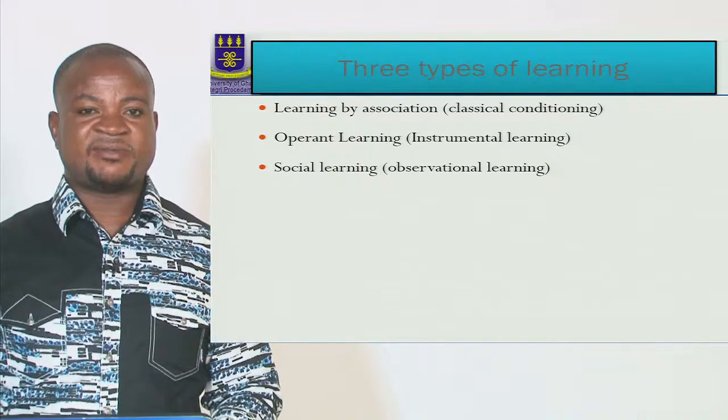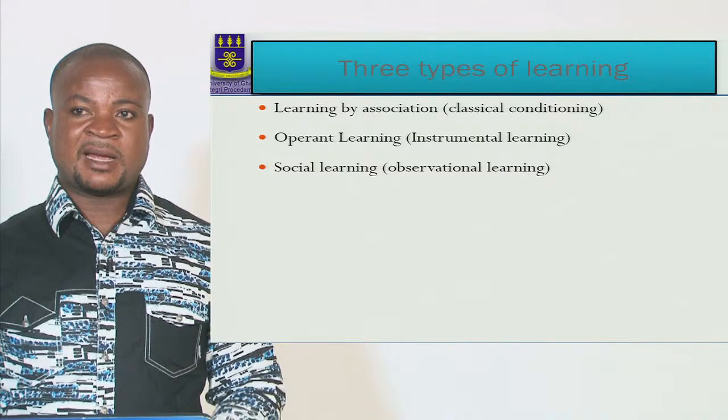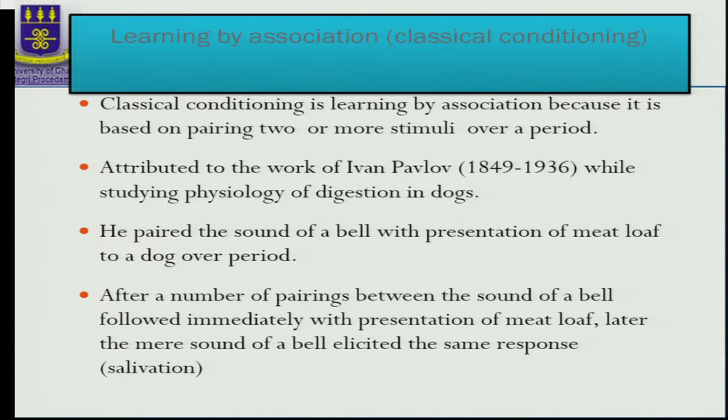Under it, we have several mini approaches. We have what we call classical conditioning, we have instrumental learning, and then we have observational learning. We'll basically look at them briefly. Classical learning, or classical conditioning, is the type of learning that is formed by associating one thing with the other.